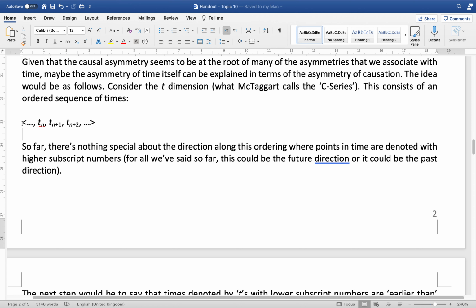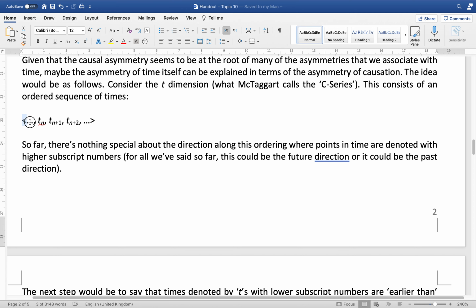In other words, if it was the events occurring at the left-hand end of the ordering that tend to cause those occurring at the right-hand end, then we'd say it's the ones written towards the left that are earlier, and those written towards the right that are later. Or it could be the other way around.